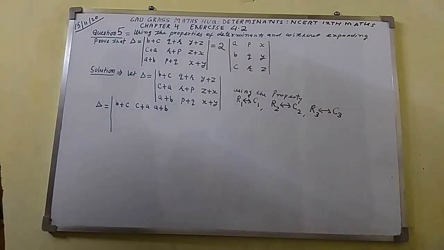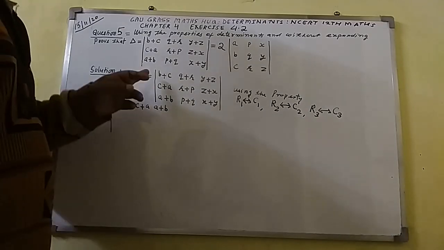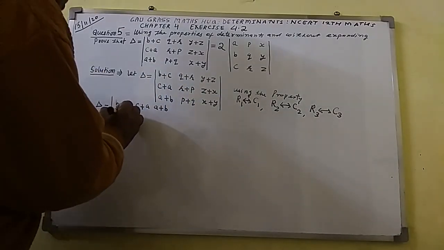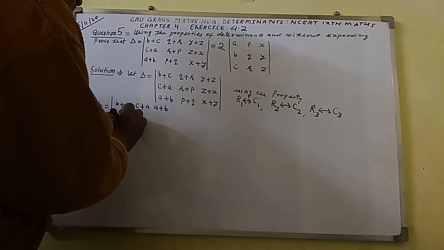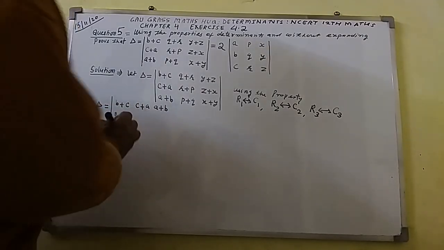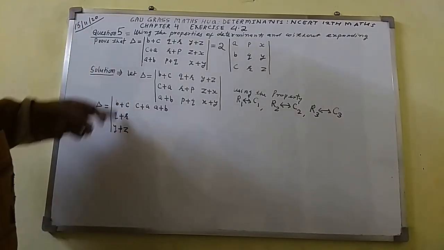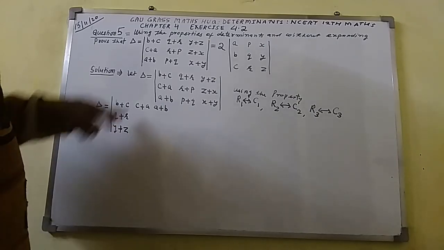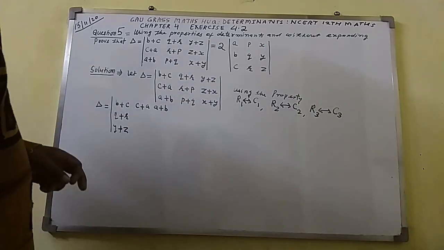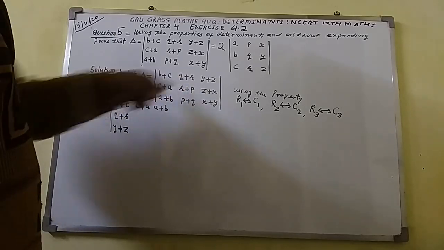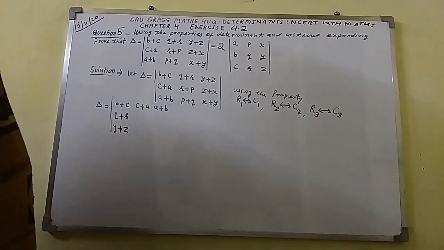And the first column will be b plus c, q plus r, y plus z. Here the first column will be taken from the first row.